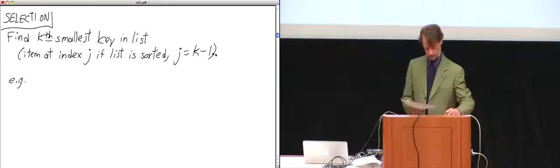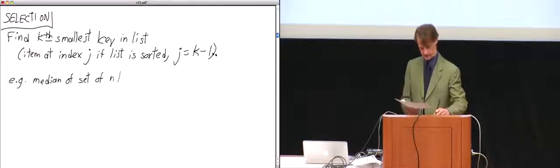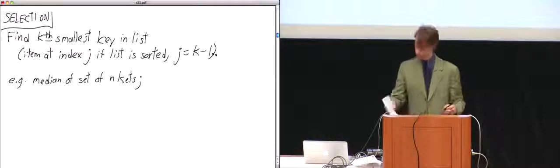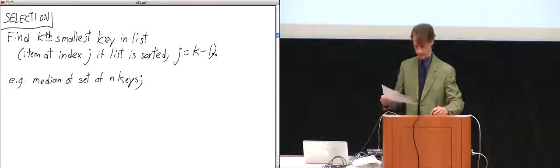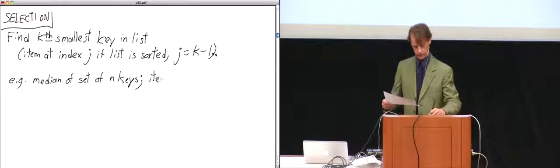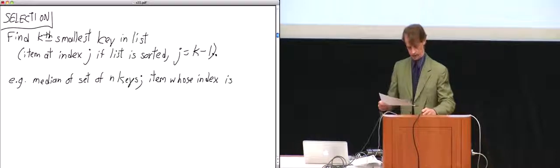And a really common example is finding the median of a set of n keys, in which case you're looking for the item whose index in the sorted array, if you had the sorted array, would be the floor of n over 2.